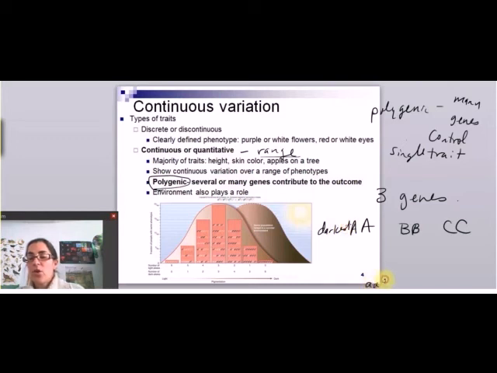Someone who is homozygous recessive for all three is the lightest. And then you have every variation in there. So this person has one dominant, they would be slightly darker. Same thing with this person. They only have one dominant, so they'd be a little darker than this person.